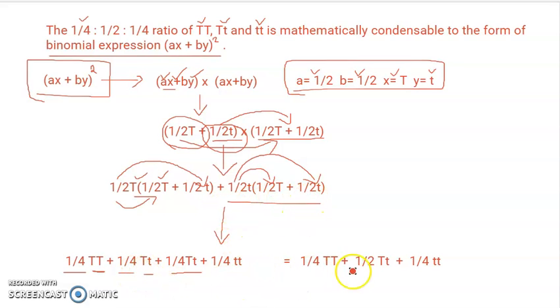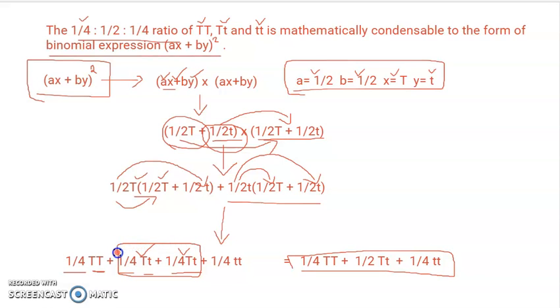Okay, and this can be written in a shorter form, which is this, and we are getting the ratio, right? So 1 by 4 capital T, as there are two 1 by 4 capital T small t, we are combining it and we are writing it as half capital T small t, and again the last one is 1 by 4 small t. So we have got the ratio which Mendel got using this binomial expression, right?